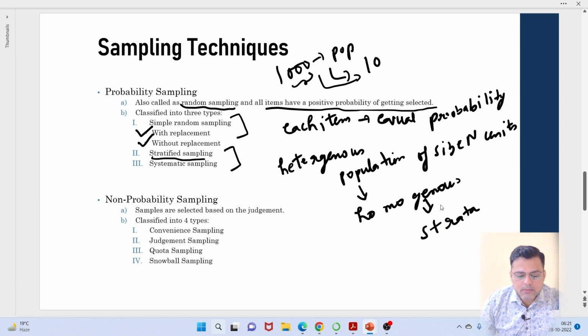So your heterogeneous population is divided into homogeneous populations, which are strata.